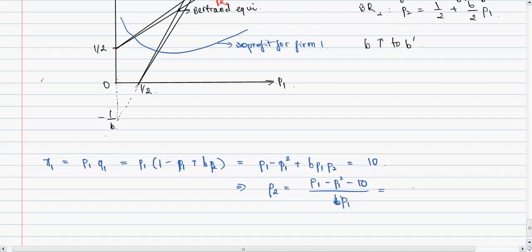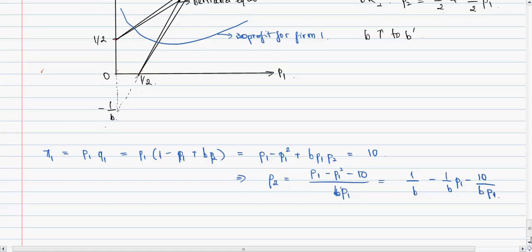So that will give you 1 on B minus 1 on B P1 square, P1 minus 10 on B P1. Okay, so I want to draw this function here on the graph. I got P2 on the vertical, P1 on the horizontal.